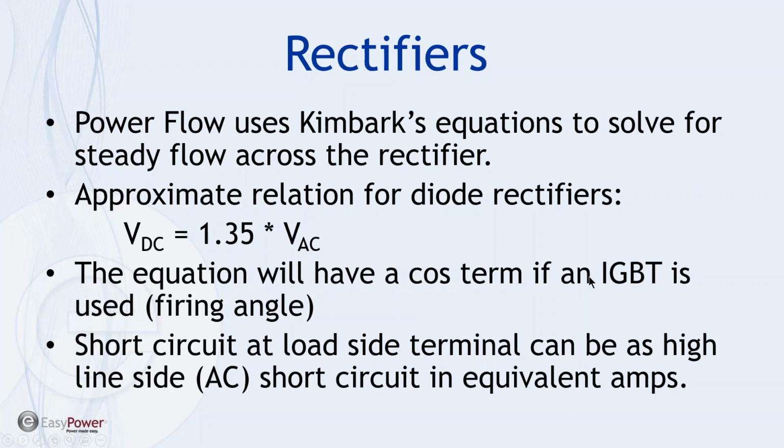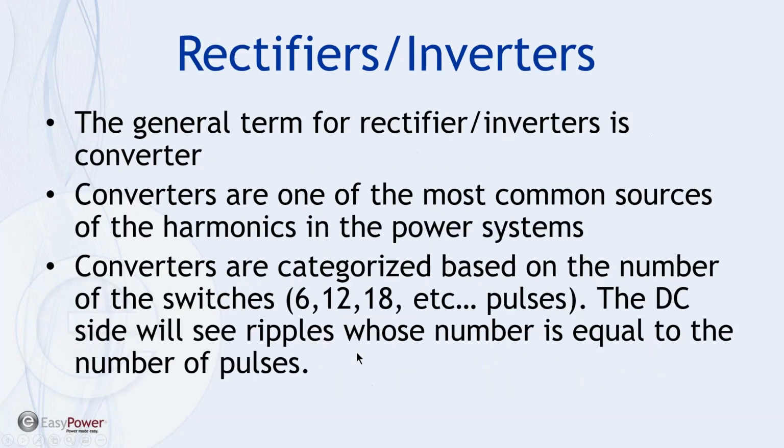Now, if we had an IGBT element, then there would be a cosine and angle term based upon the firing angle, but the short circuit load at the load side can be as high as the AC short circuit equivalent in amps. Just another side note, in general, the term for rectifiers and inverters is converter, and they're the most common source of harmonics in the power system.